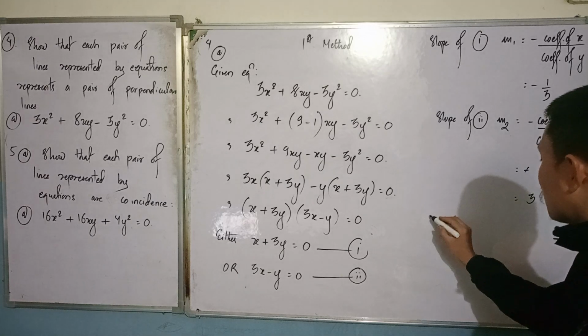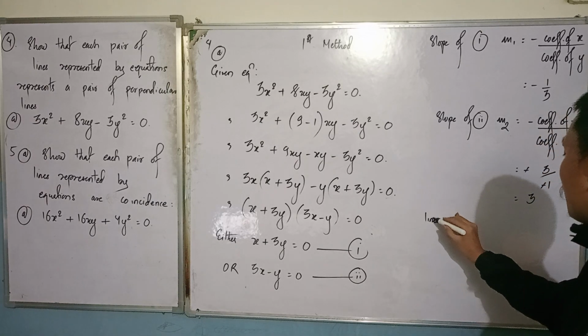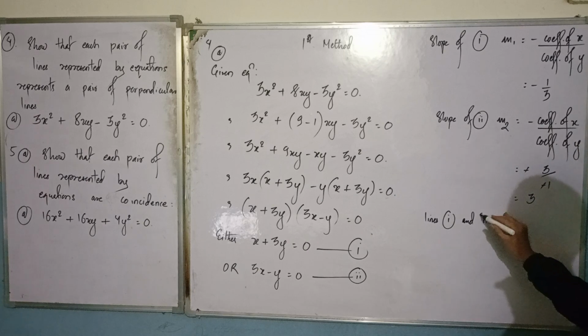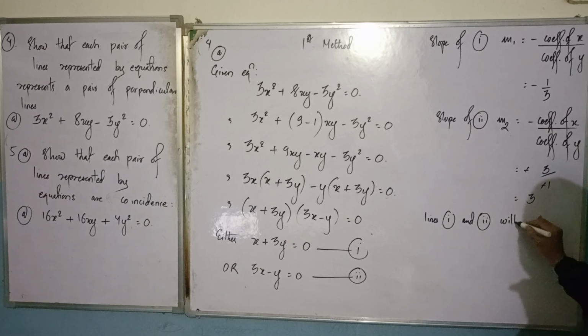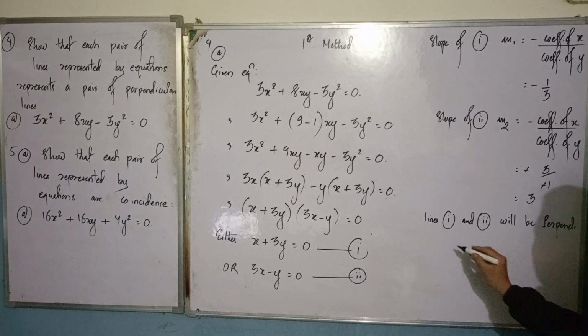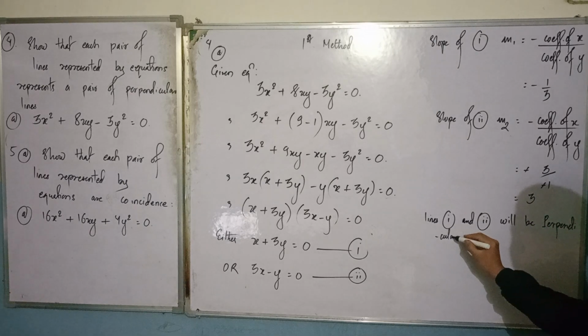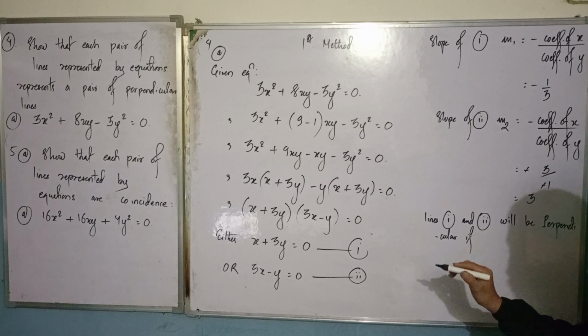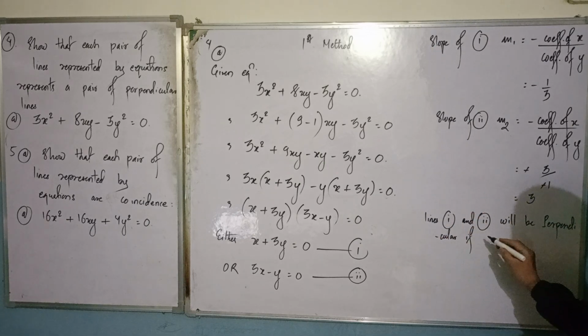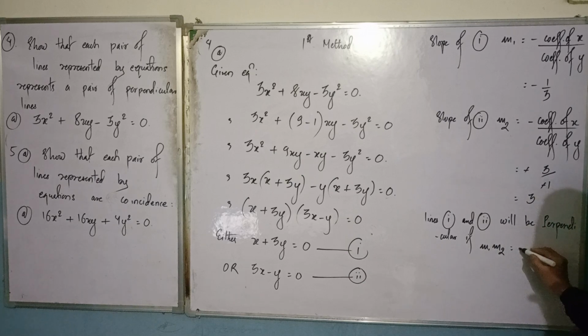So lines I and II will be perpendicular if, what is the condition for perpendicularity if both slopes are given? If perpendicular, m1 times m2 must be equal to minus 1.